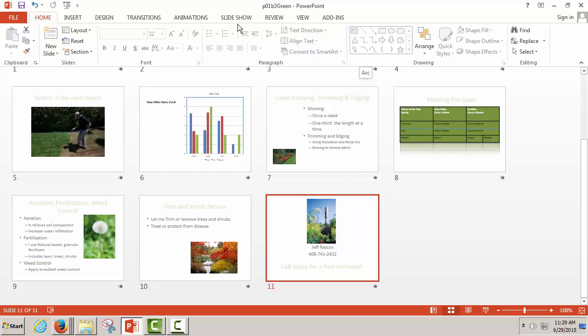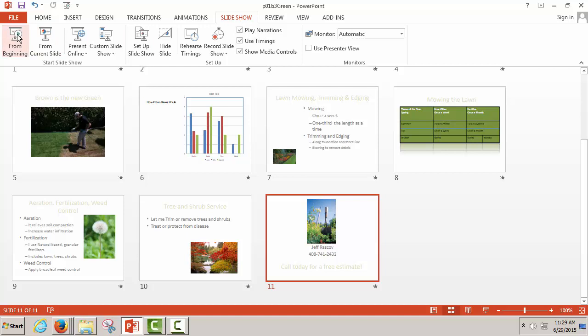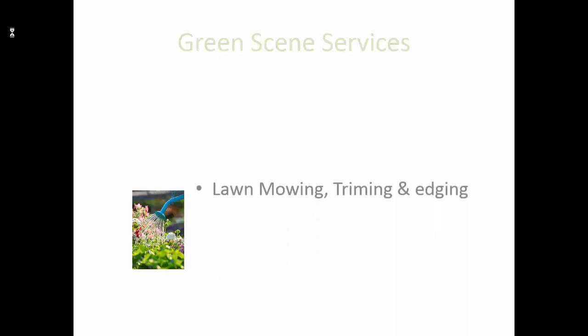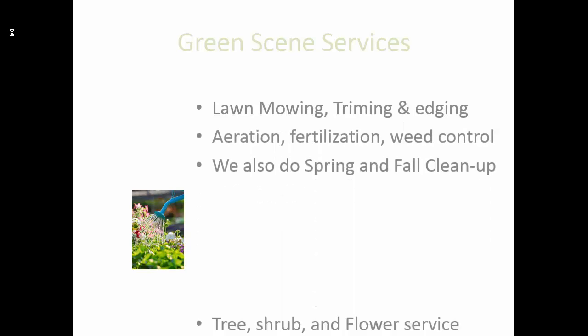Yeah. We can go under slide, from beginning, from current slide, present online, custom slideshow. So we can present from the beginning. Remember, we got random transitions, right? So I don't know what transition's coming. And remember, we got bullet points.